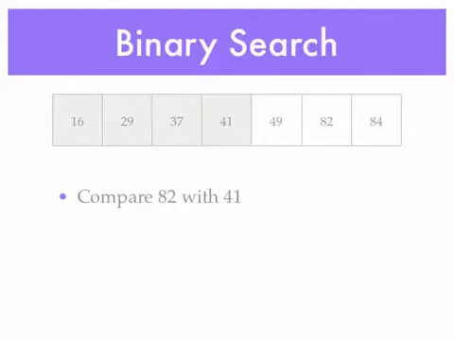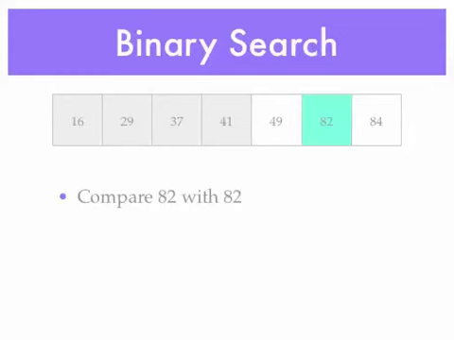Since 82 is greater than 41, we can rule out 41 and everything to its left. Remember, we've assumed that the data is in order, so 82 can't match anything to the left of 41 because everything to the left of 41 is smaller. Notice how with one single comparison, we've ruled out half of the available options, so that now we have only 3 left to consider.